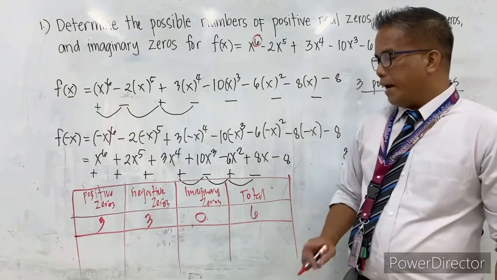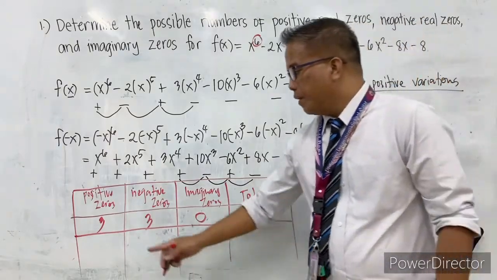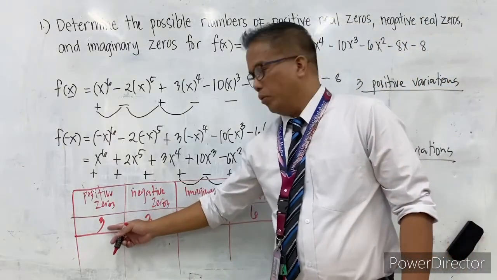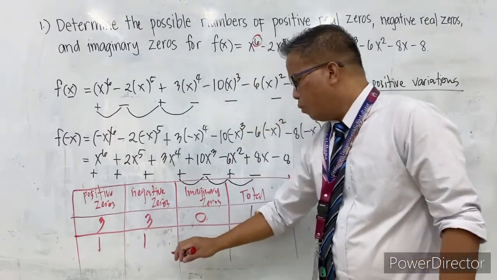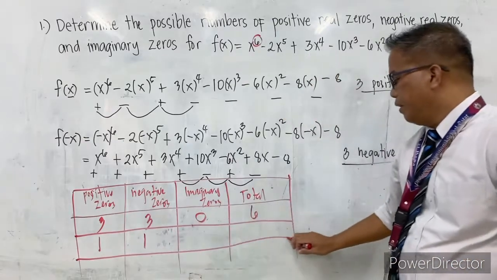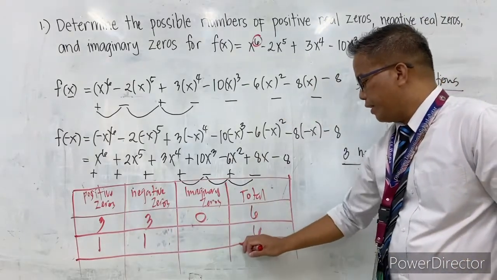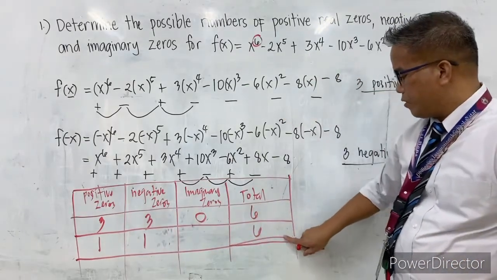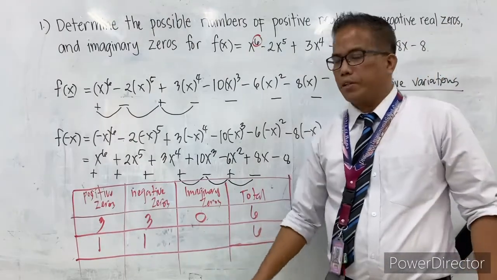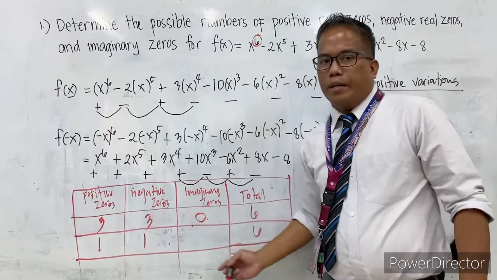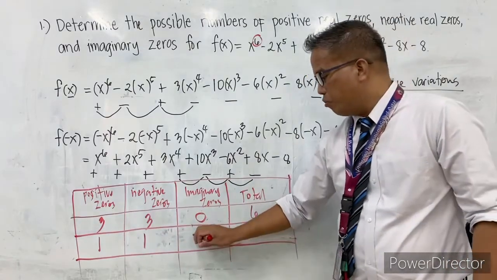Then another option is to subtract 2 from this. So 3 minus 2 equals 1. Same with this, 1. And here it is still 6. To find the imaginary zeros, just add 1 plus 1, which is 2. Then 6 minus 2 equals 4.